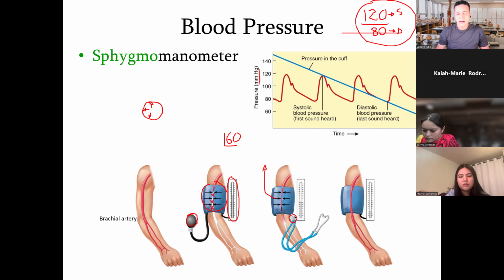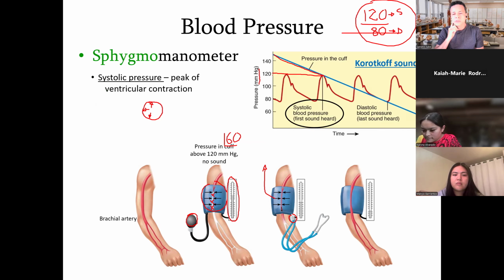Now, as the air is let out of the cuff, we can see here in this graph that the pressure inside of the cuff starts to go down. When the pressure inside of the cuff is the same as our systolic blood pressure, guys, we're going to hear the first of what we call the Korotkov sound. What is this Korotkov sound?